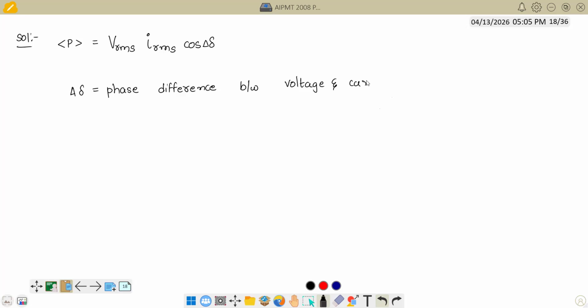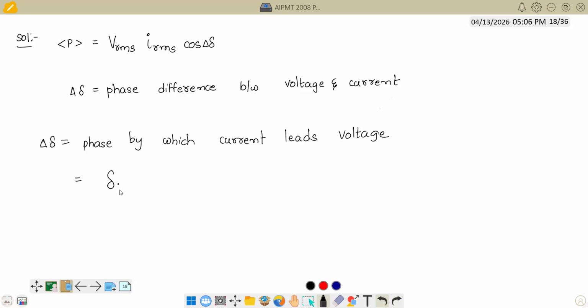So technically speaking, in our syllabus, in NCERT, he has given this delta, it is basically the phase by which current leads voltage.